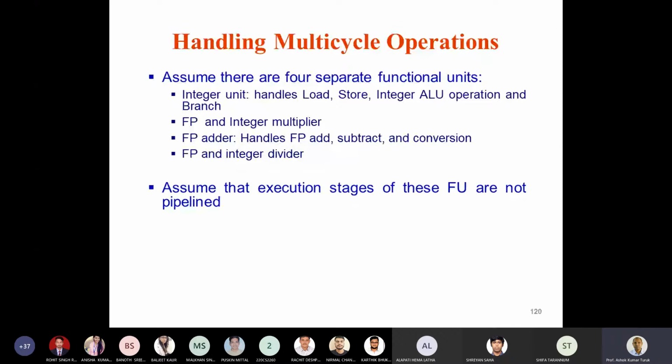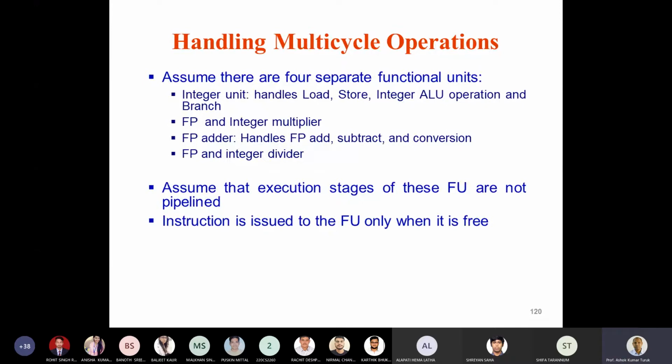Now assume the execution stage. We have looked at the functional units, and these functional units are present in the execution stage of our pipeline. And we'll assume that these functional units are not pipelined. So if these functional units are not pipelined, then you cannot issue an instruction to the functional unit if that functional unit is already executing some other instruction.